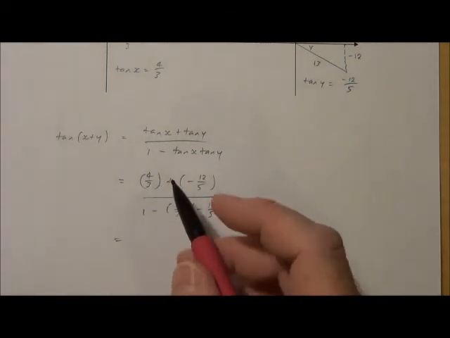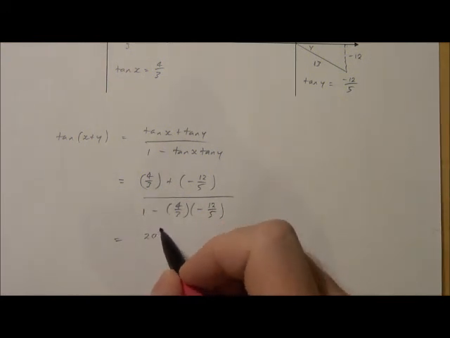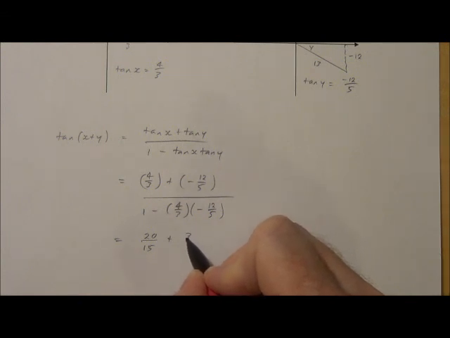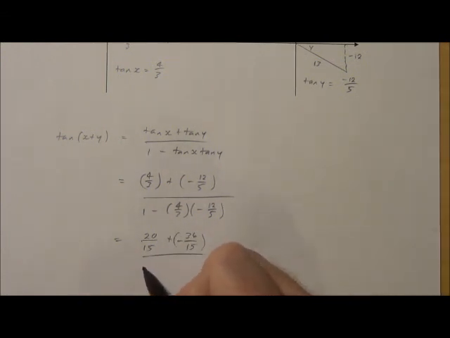Okay, so then we're going to get a common denominator of 20 over 15 plus negative 36 over 15, over 1 plus, and we just multiply that straight across, 48 over 15.